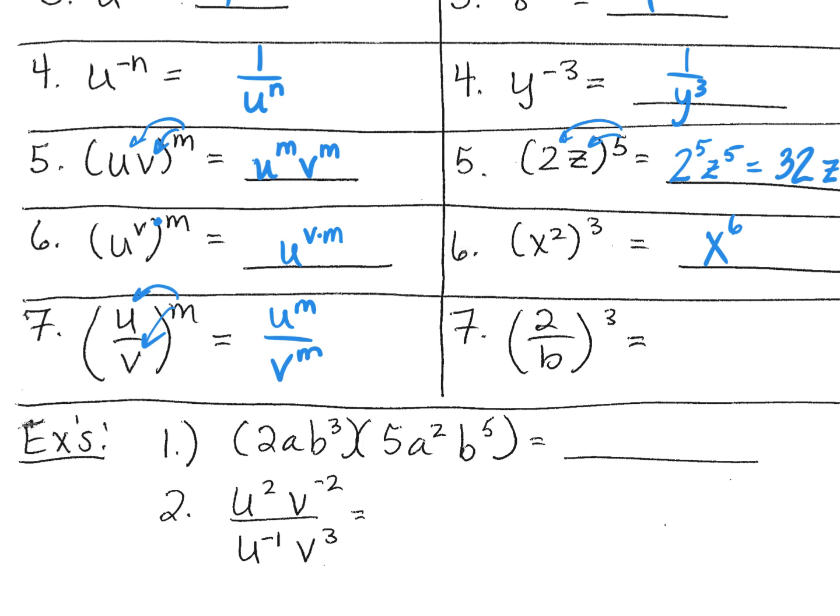So 2 over b to the 3rd power becomes what? Two to the 3rd, b to the 3rd, and 2 to the 3rd power is what? It's not 9. 2, 4, 8. You were doing it backwards in your head. You were doing 3 to the 2nd power.